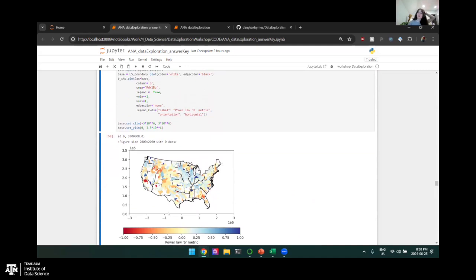Can someone tell me what they see in terms of general patterns? And if you want to take a stab at why you're seeing this spatial aggregation, what that might be telling you about the landscape, please feel free.